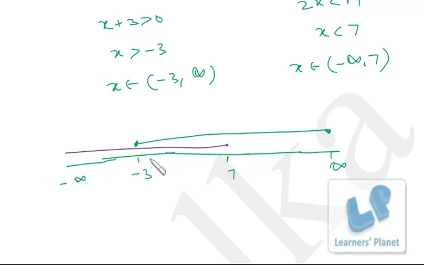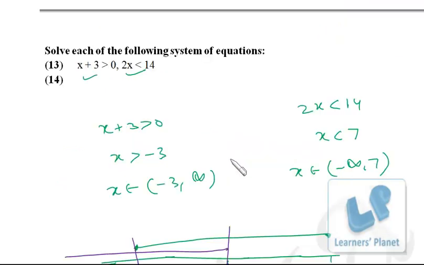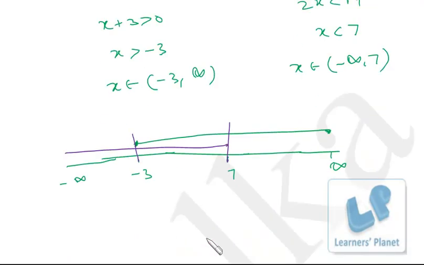Okay, now you see this portion from this to this, right? Minus 3 to 7. We see the purple line also, we see the green line also. So that is the common portion, minus 3 to 7. So if you take x from minus 3 to 7, it will satisfy both the relations, this and this. Okay, or we can say this is the common solution.